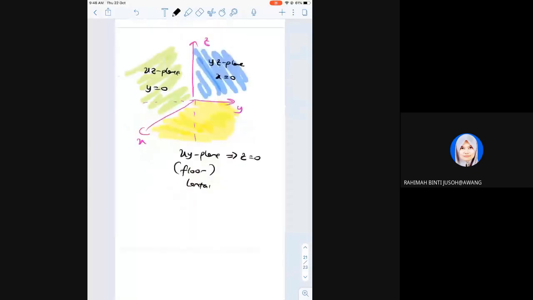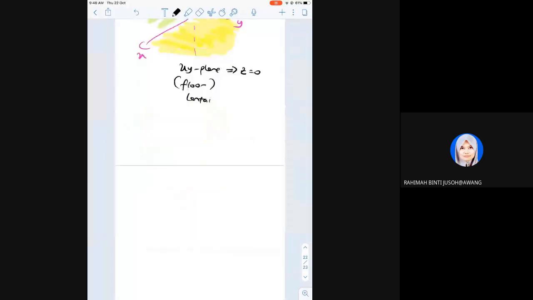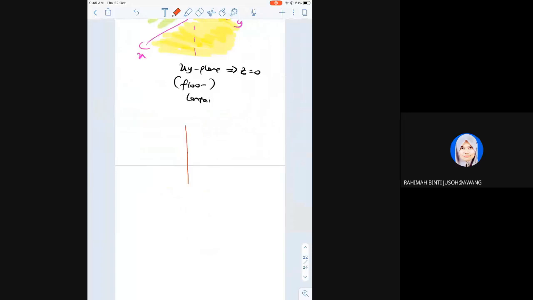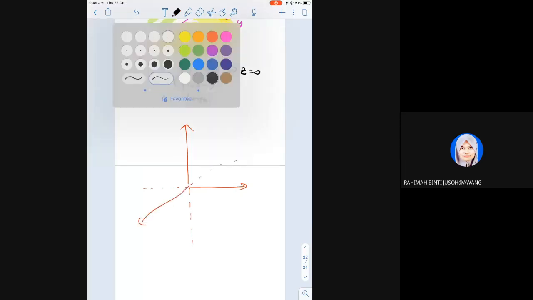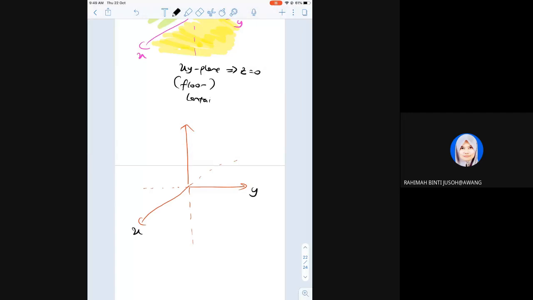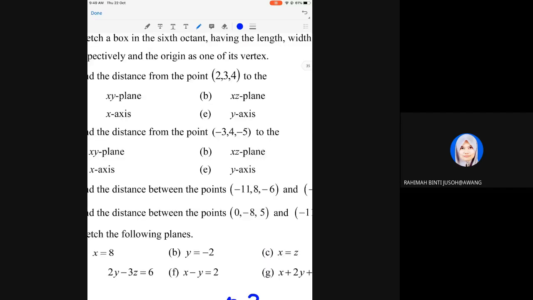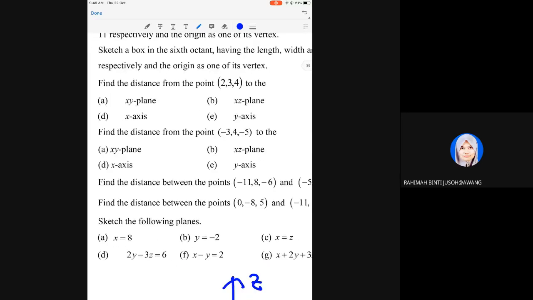Alright, now bila soalan tu tanya 2, 3, 4 yang tadi, soalan nombor berapa tadi saya plot dulu. X, Y and Z. Bila soalan tadi ni, dia tanya titik 2, 3, 4 dengan XY plane.